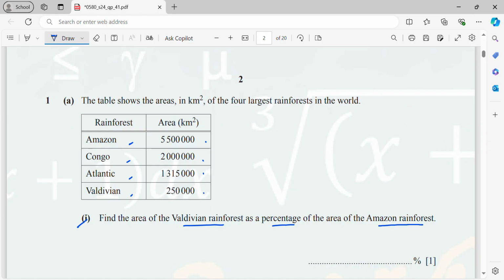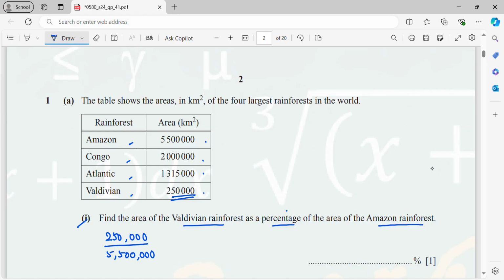For the percentage, we know that the Valdivian area is 250,000, because you need to express it as a percentage of Amazon. Amazon is 5,500,000.